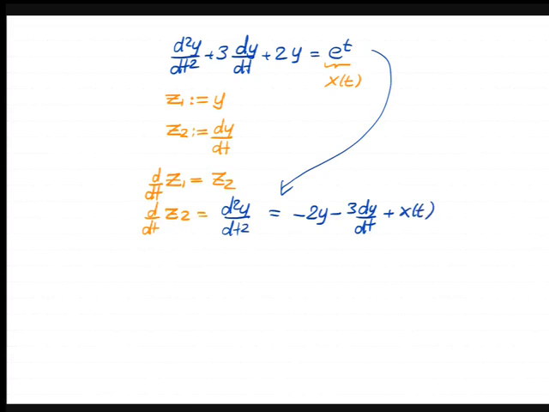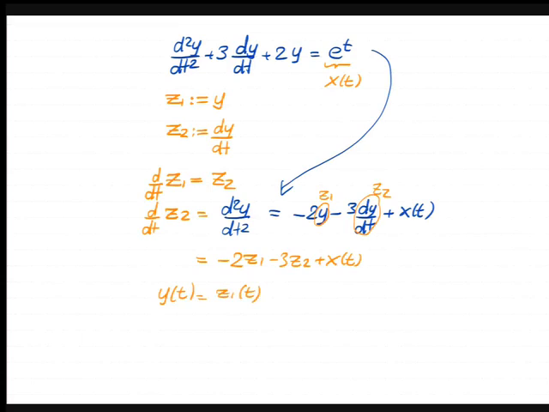And going back to our state notation, that is just minus 2z1 minus 3z2 plus x, all right? And y of t is z1 of t.